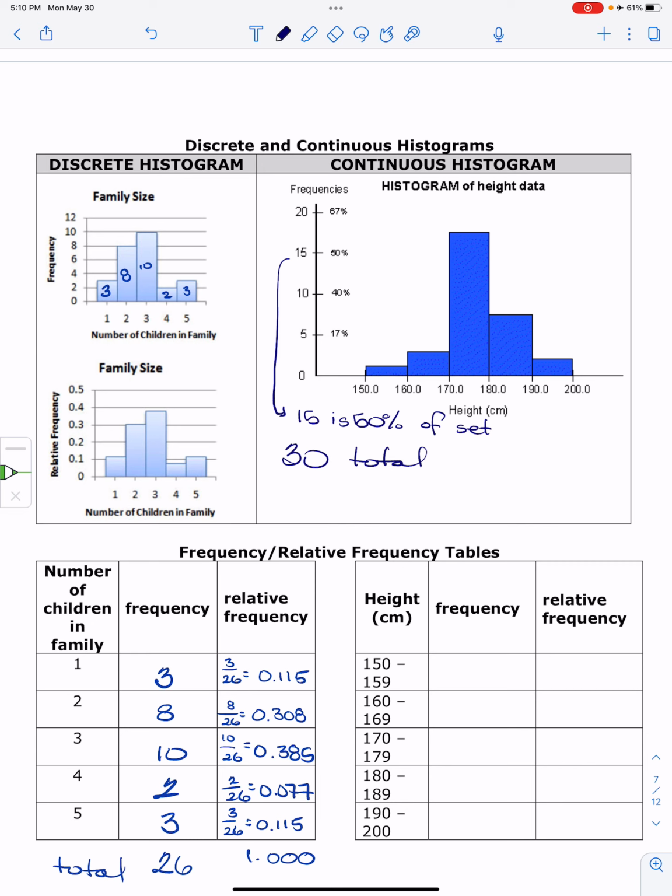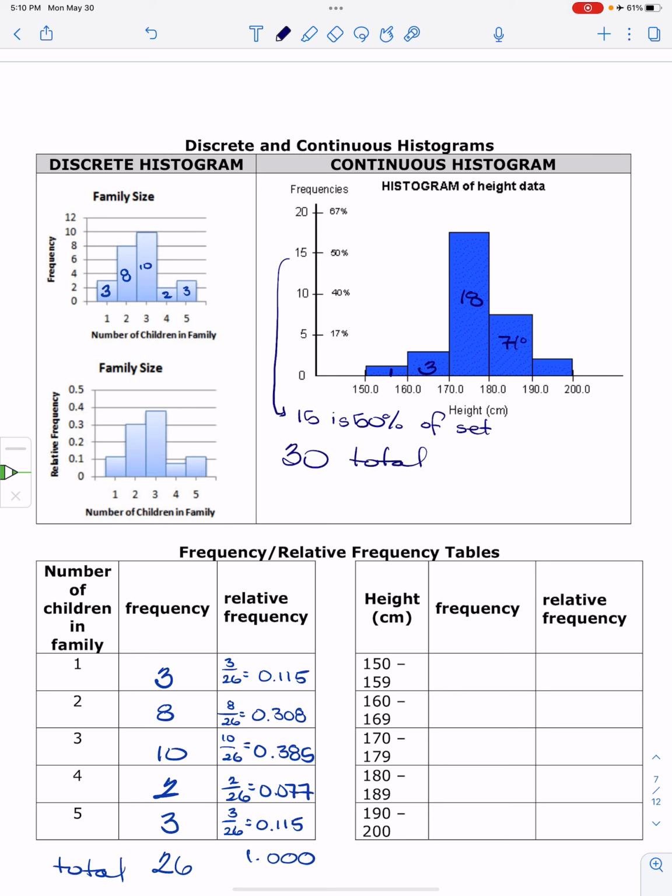Okay, so I am going to start by filling in kind of what it looks like. This looks like maybe, what are we talking about? Heights in centimeters. 1 person between 150 and 160 centimeters. This looks like it's maybe 3. I'm going to go with 18 on this one. And then 7.